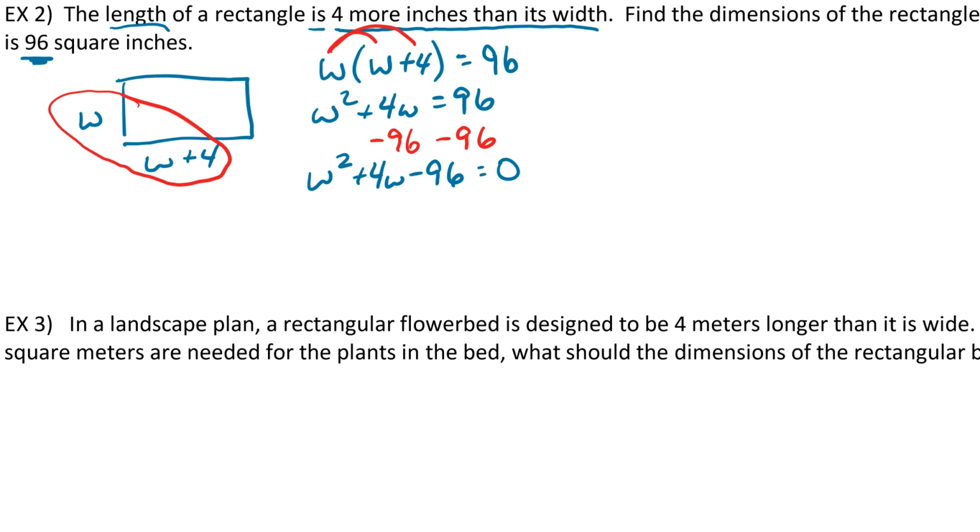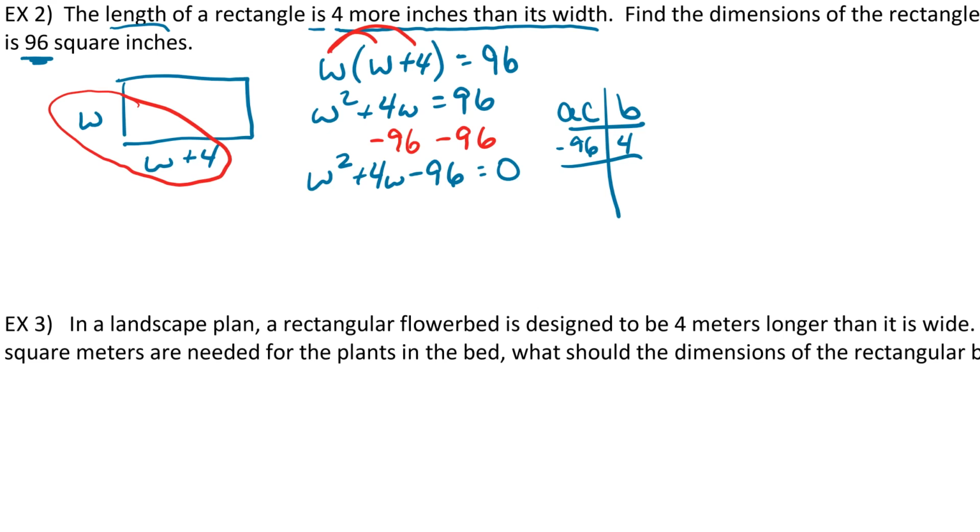And then we can do split B. So again, AC and B. AC is negative 96. B is 4. So we're looking for two factors of 96 that are going to add up to 4.